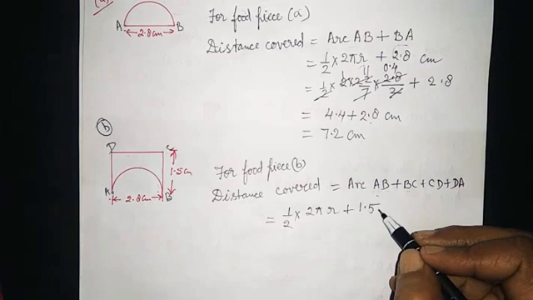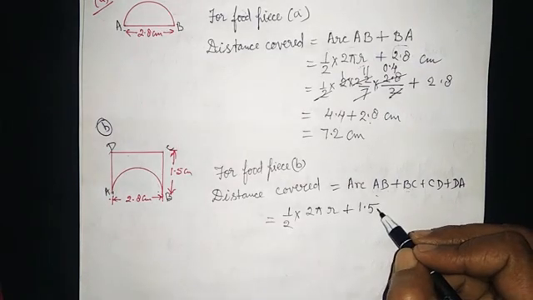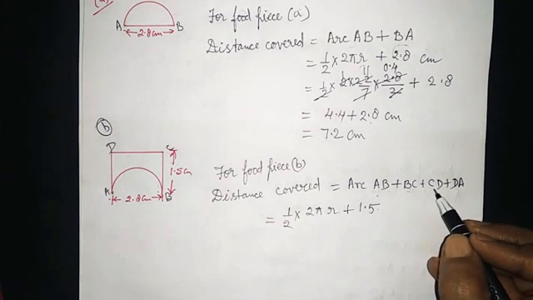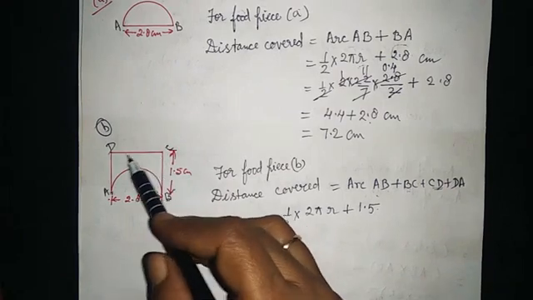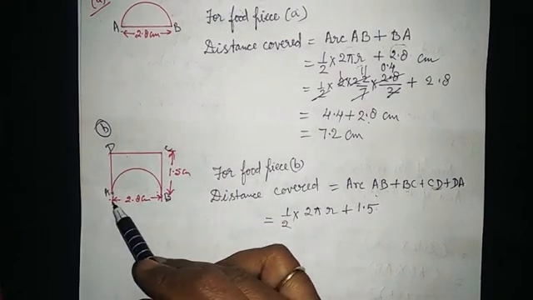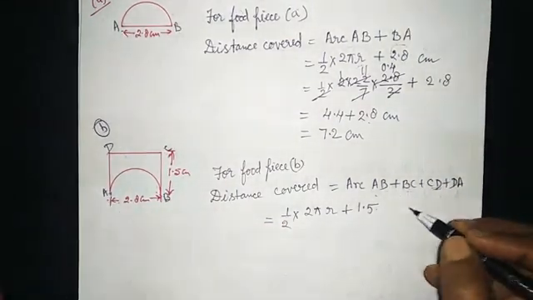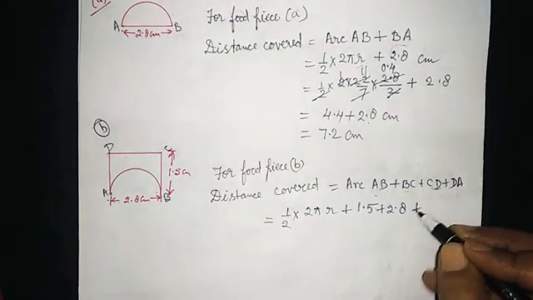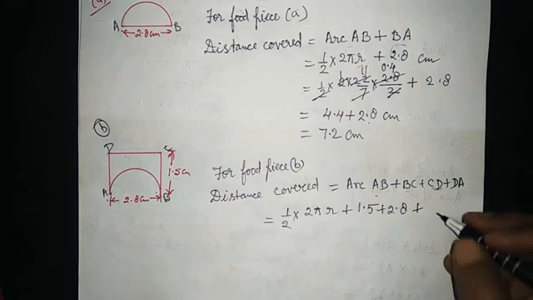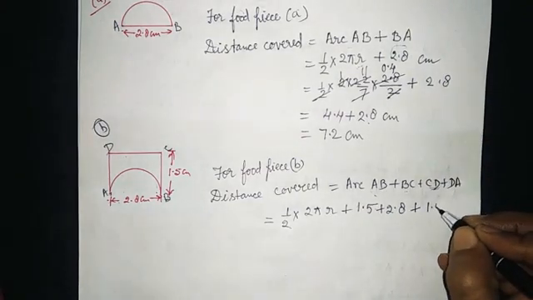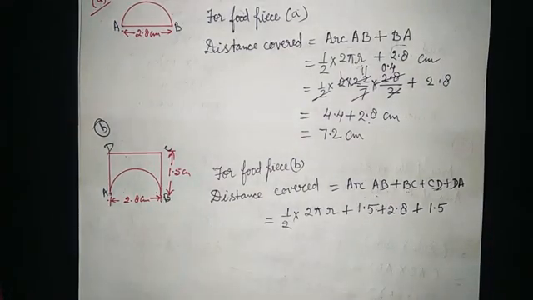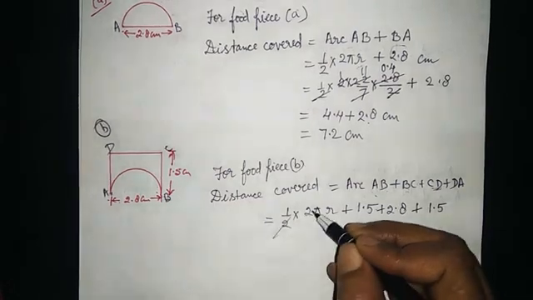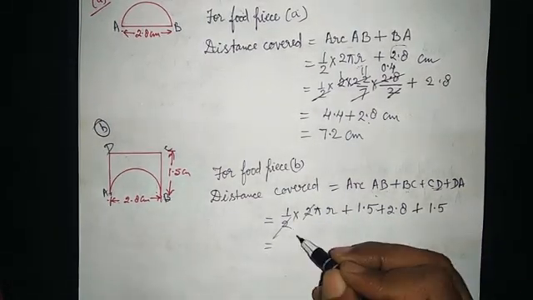Okay, BC is 1.5. Now CD, and CD is this. So for CD you will write this 2.8. And for DA, how much length? For DA you will write 1.5. Here this 2 and this 2 we will cancel.